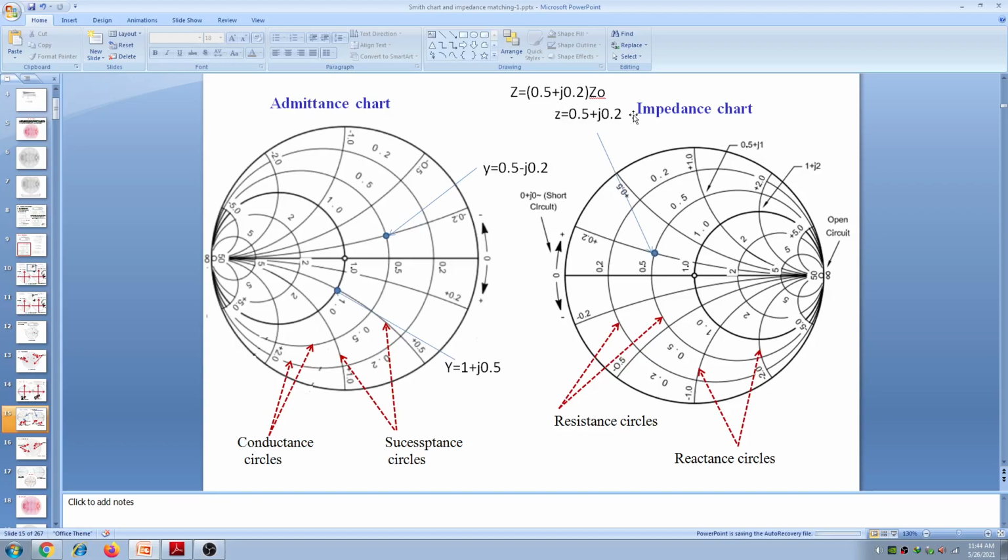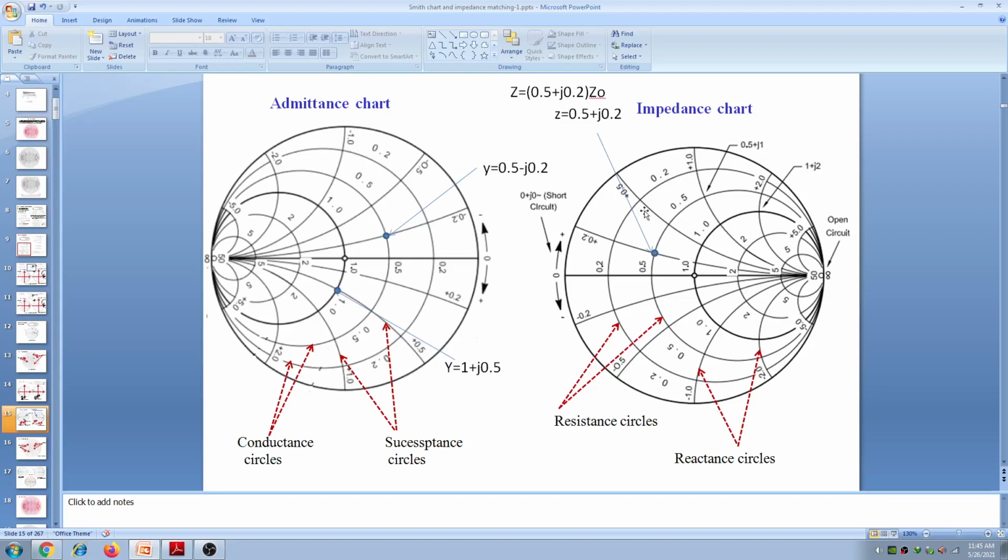To get the actual value of impedance, you should multiply it by Z0. Z0 may be 50, 100, whatever it is. After reading from the Smith chart, if you want an actual value, you should multiply it by Z0. Otherwise, whatever you read from here is always normalized, like 0.5 plus j 0.2 impedance at this particular position.